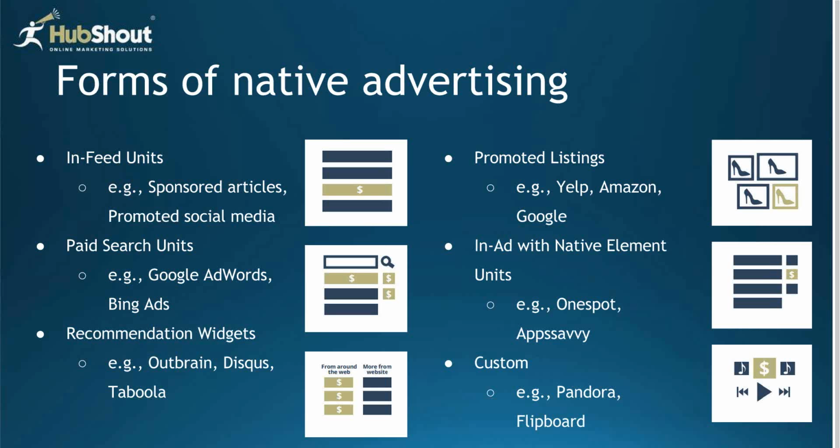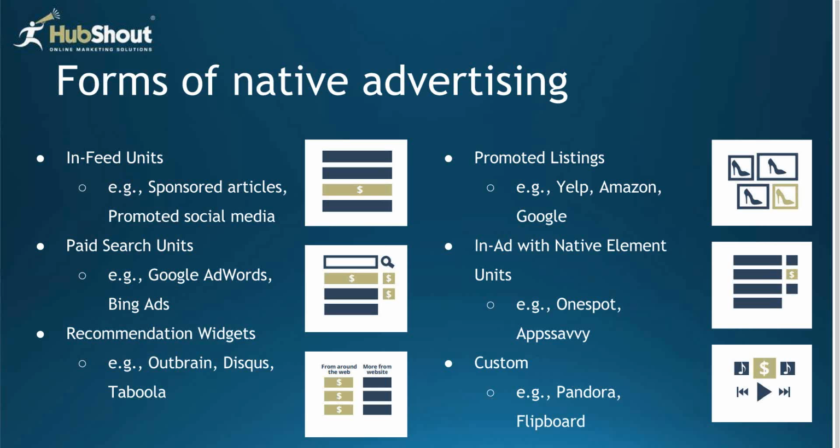It might be a recommendation widget. Down at the bottom, this is one we'll talk about more, Outbrain has this model where they have paid units that show things from around the web, but they also include related content that's from that website. Those are more algorithmically placed, but they're all editorial.